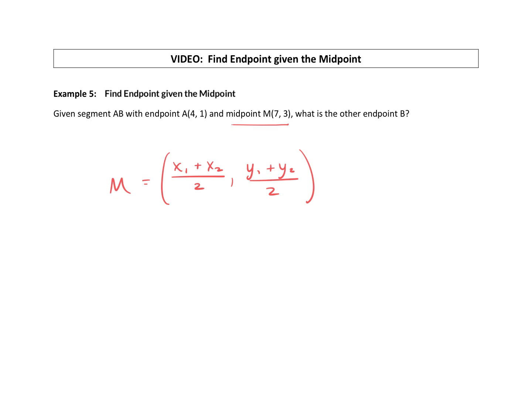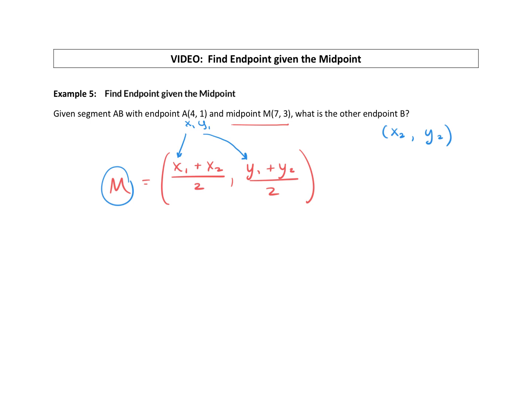So what we know right now is one endpoint, point A, we have an x1 and a y1. So we know this number and we know this number. We also know the midpoint. What we don't know though is the other endpoint. We don't know our x2, y2, but we do have enough information to help us solve for it.